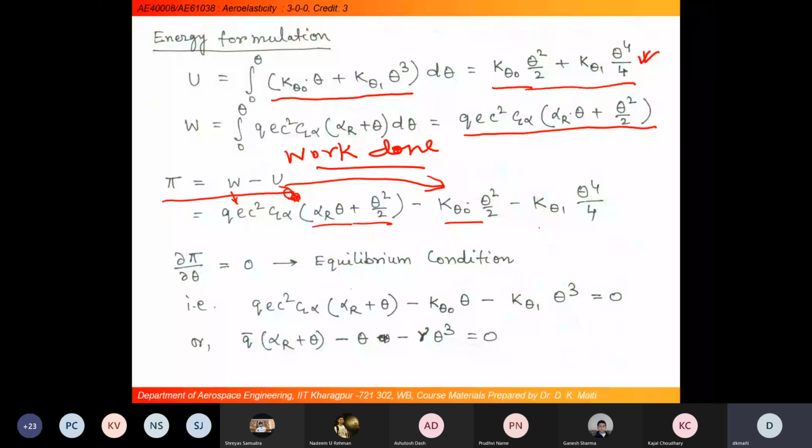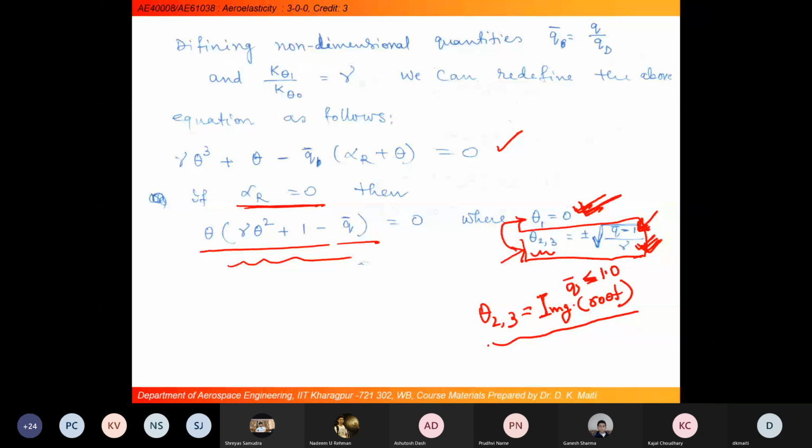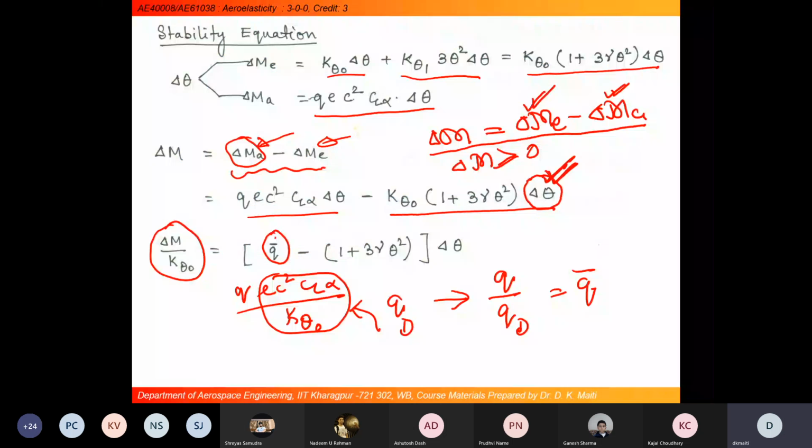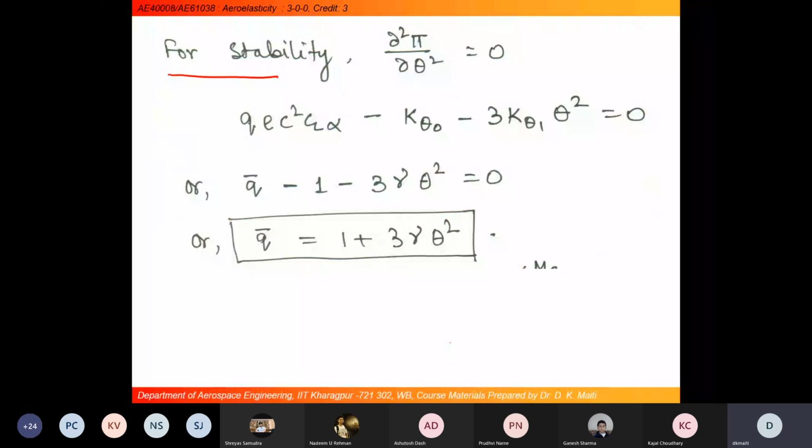And the stability of the system we can get by taking the second derivative, del 2 pi by del theta square. After rearranging this equation, q is square CL alpha minus k theta naught minus 3 k theta 1 theta square equal to 0, or in other words this should be less than or equal to 0.